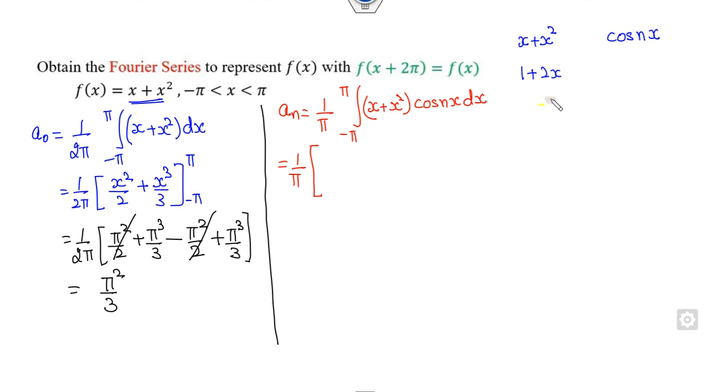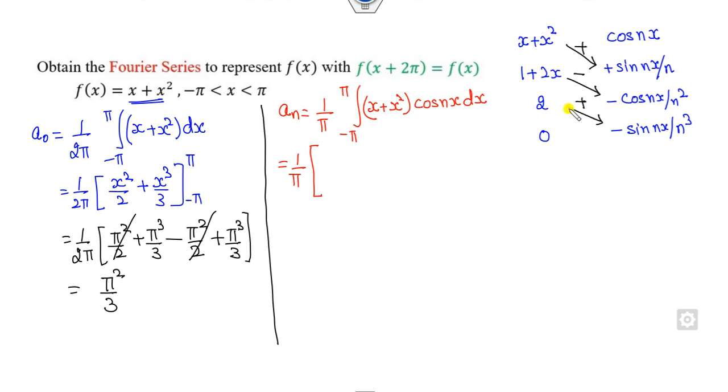Find the differentiation until it becomes 0, and find the integration of this: sin nx over n, minus cos nx over n square, and minus sin nx over n cube. Multiply this and this with the signs plus, minus, plus, minus.